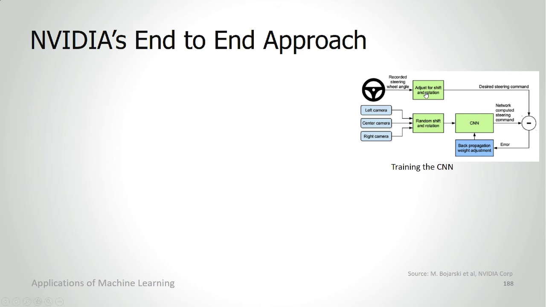So you have some additional lane positions and lane shifts fed in to make the car more adaptive, and this random shift and rotation simulates that. You randomly shift where the car is in the lane and let the system learn all possible variations.